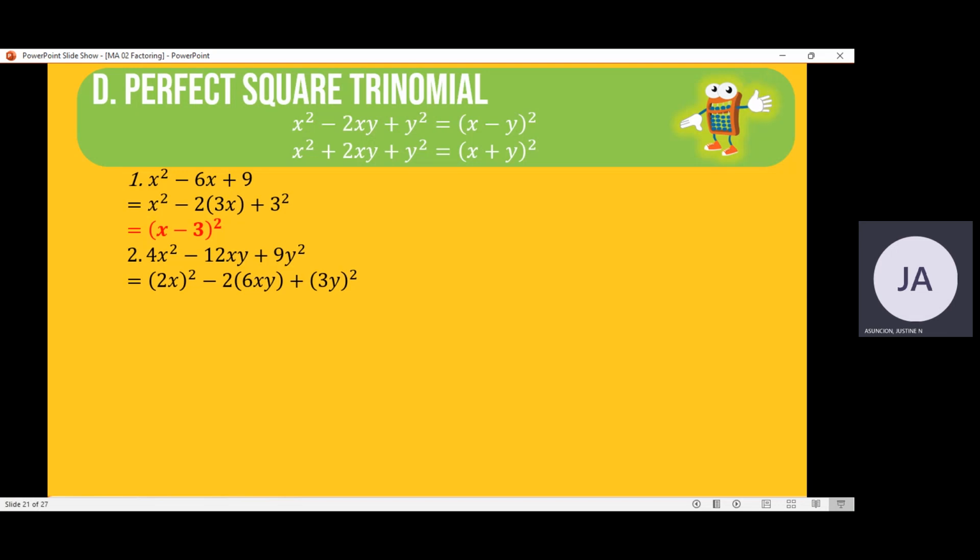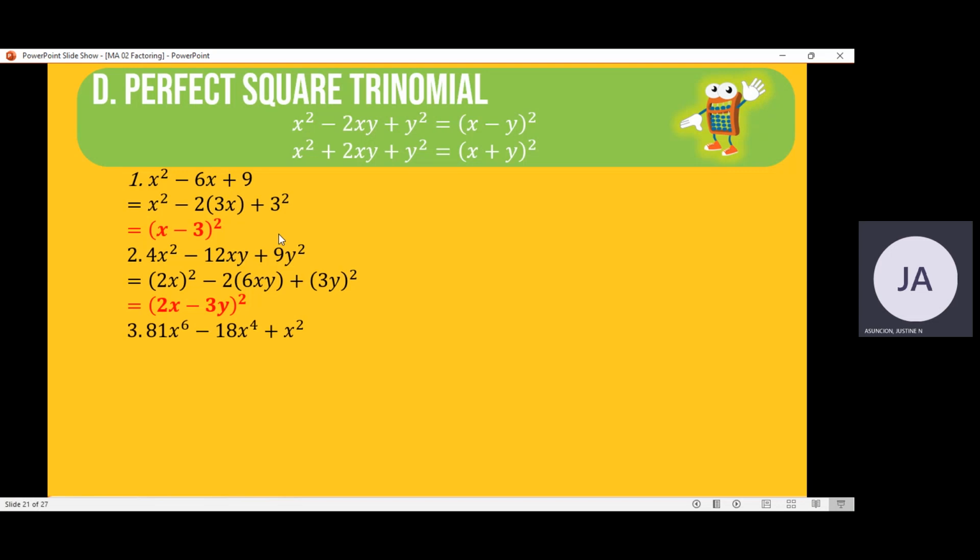If that's the case, we can use the perfect square trinomial, and we have (2x minus 3y) squared. Therefore, the factor of the polynomial 4x squared minus 12xy plus 9y squared is (2x minus 3y) squared.